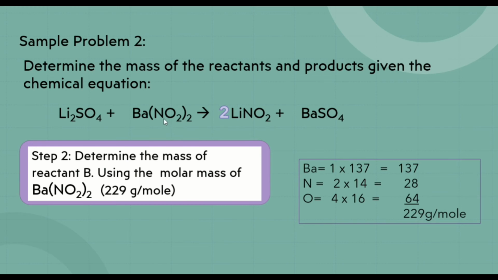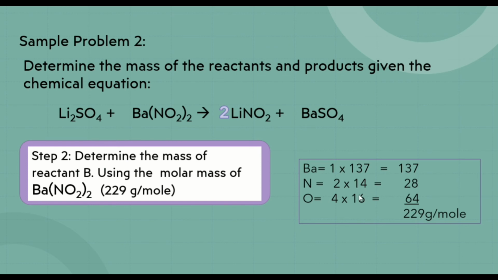Nitrogen. Nitrogen here is enclosed in parentheses. We don't see a number. It means 1 times 2. That's why we have 2 atoms here. And then oxygen, we have subscript 2 inside. And then it is enclosed in parentheses. We have 2 here on the outside part of the parenthesis. So that is 2 times 2. That's why we have 4.